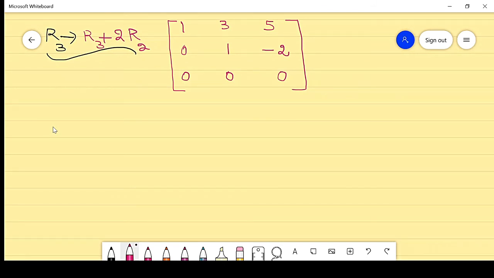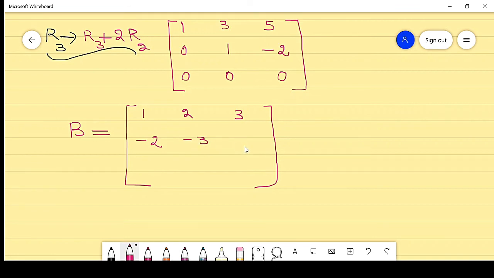Now for matrix B, now I am taking the matrix B. This is a matrix B. So what is its element? This is a 1, 2, 3 and minus 2, minus 3 and minus 4.